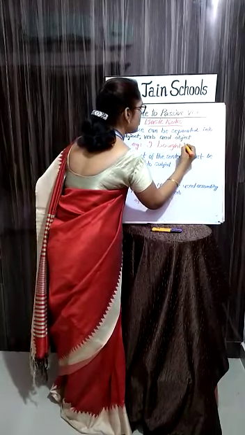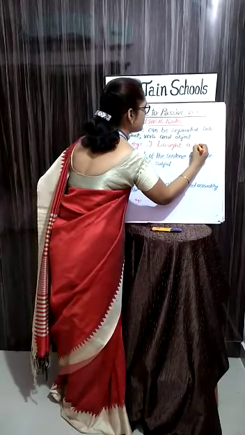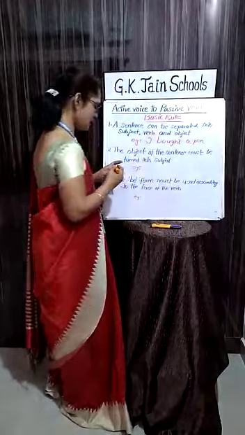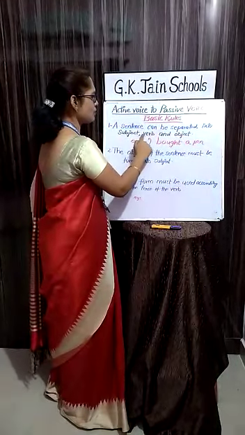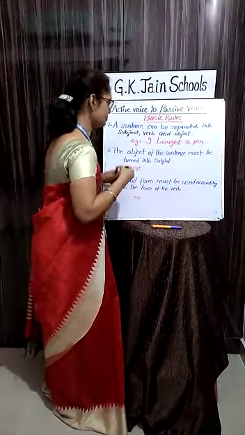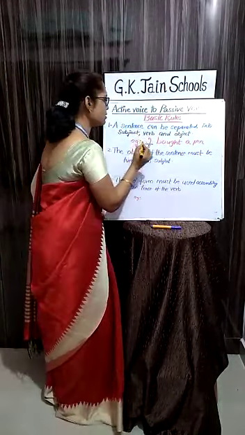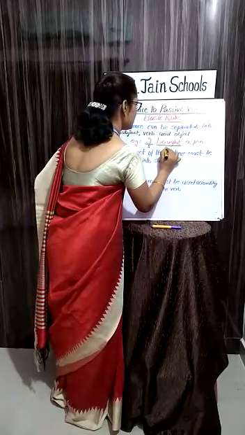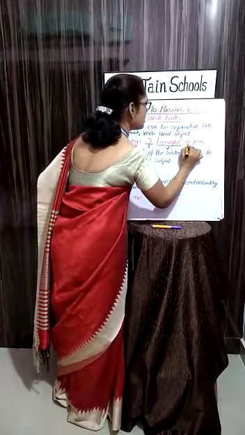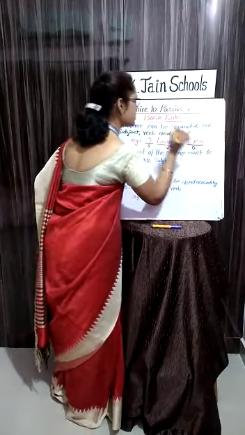I bought a pen. So let's separate the sentence into the subject, verb and object. I here is the subject, bought is the verb and a pen is the object.